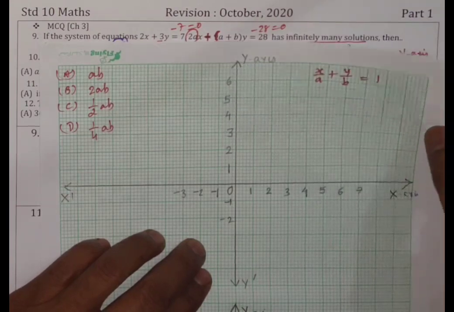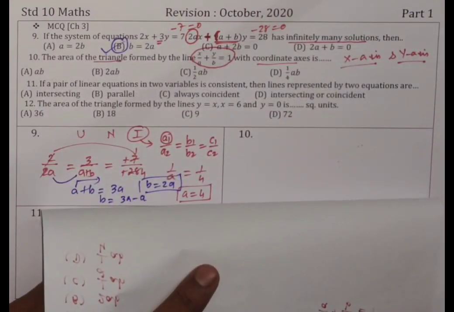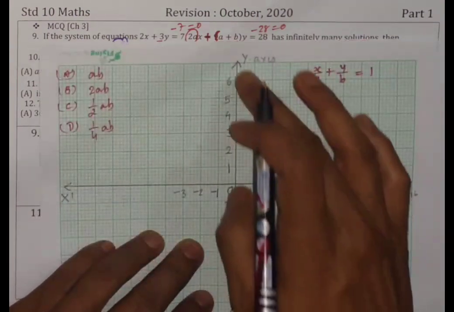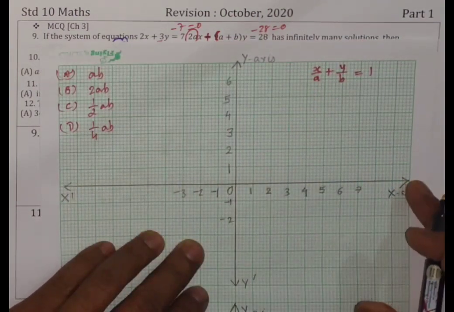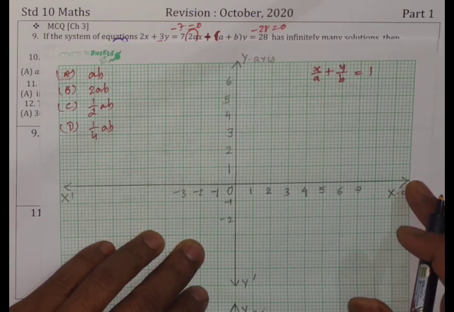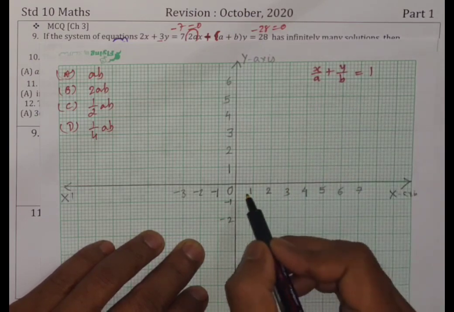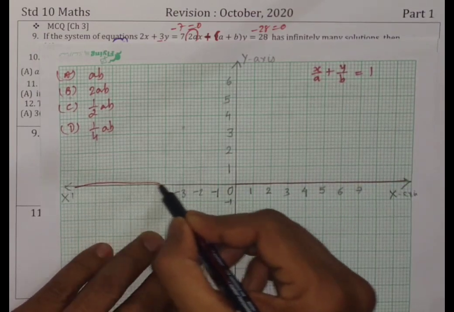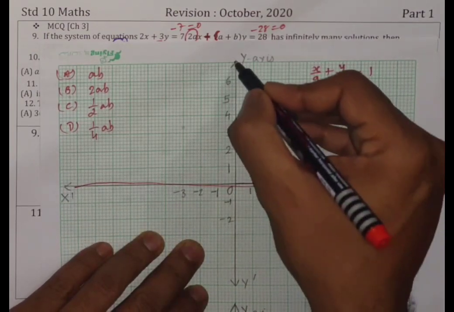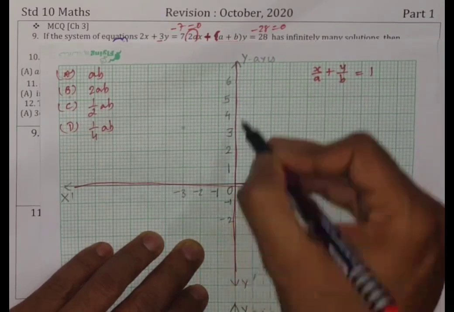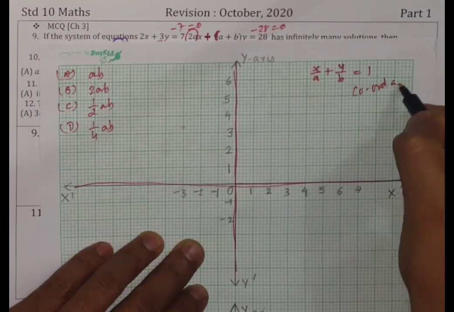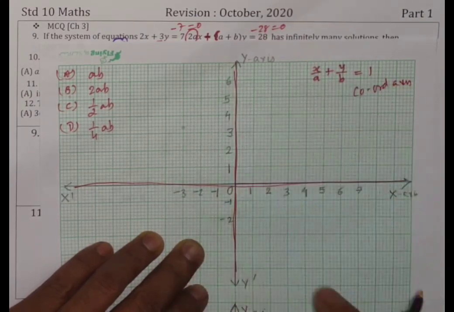Alright, children, let's see now. It's slightly tough and you have to do the calculation. Okay, now here is the y-axis and x-axis. This is the x-axis. This is the y-axis. So, two lines you got, the coordinate axes.